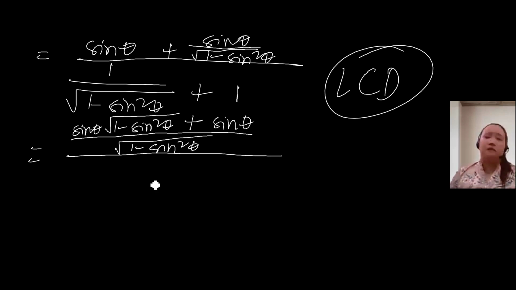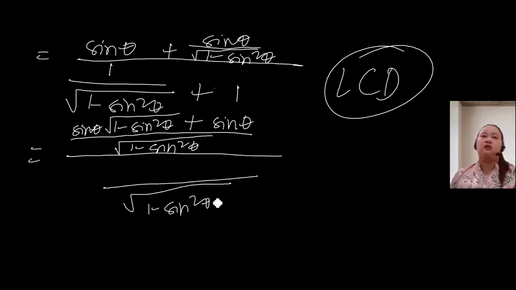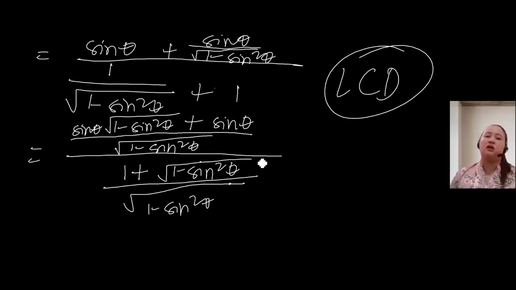Next, on the denominator, we're also going to apply the LCD because we do have a fraction and we're going to add it with this one. The LCD of this is the square root of 1 minus sine squared theta, and then we have here 1 plus 1. So please review your LCD, review your algebra.